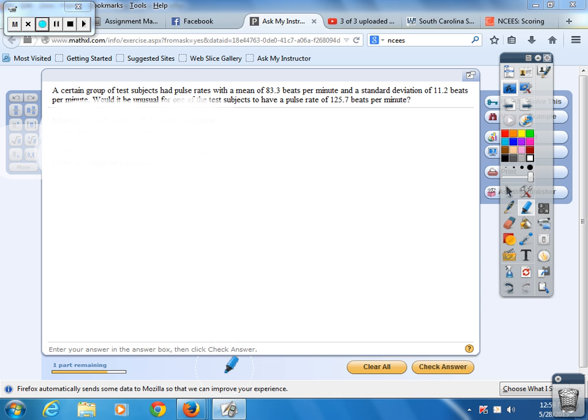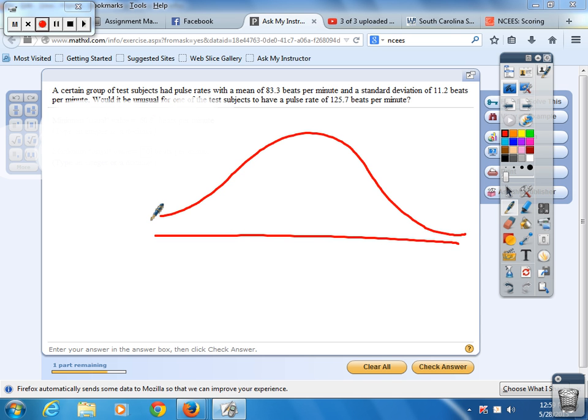So draw a picture. You don't need to worry about the question yet. You need to just draw the what? Draw the bell curve. Whenever you see mean and standard deviation, go ahead and draw it. So 83.3. Get your calculators out. 83.3 plus 11.2 is 94.5.